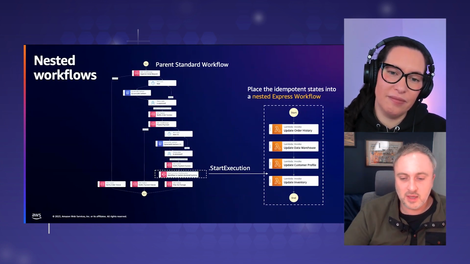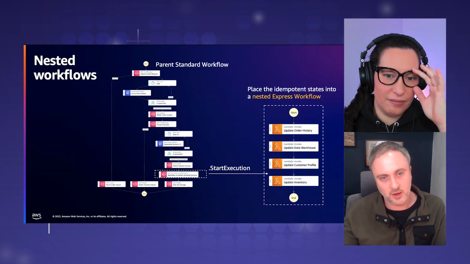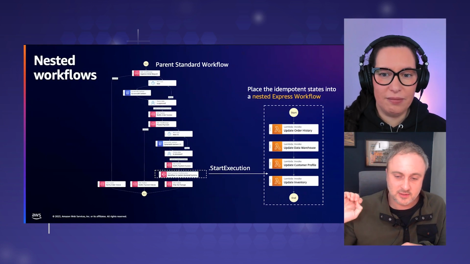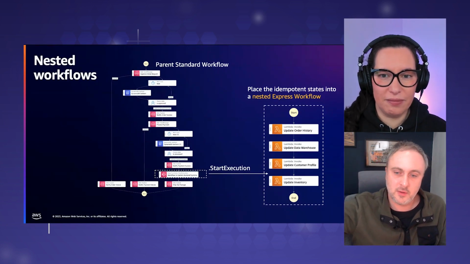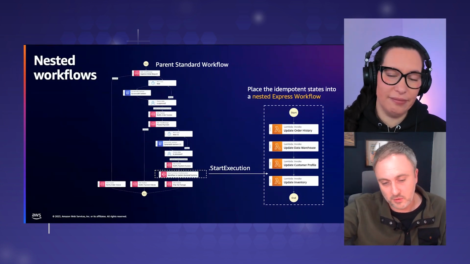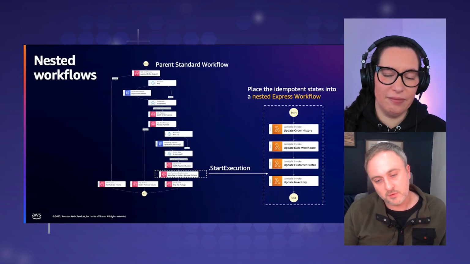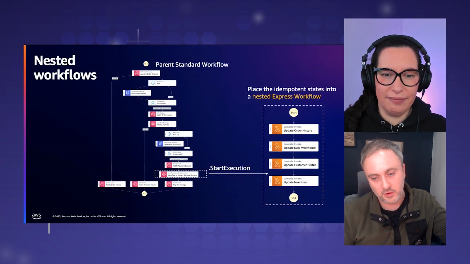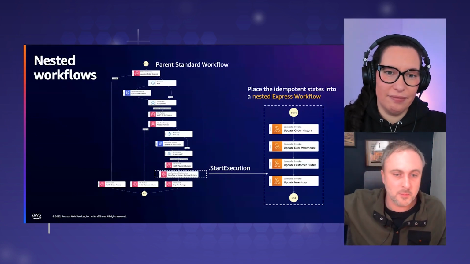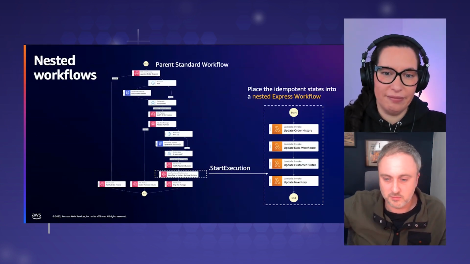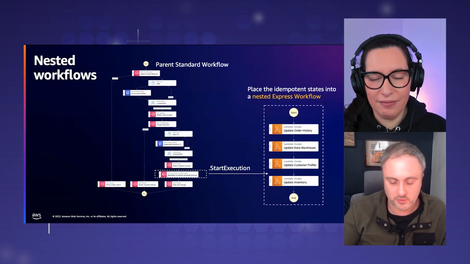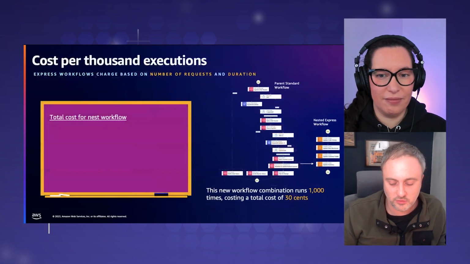The easy thing here would be to just strip out those idempotent Lambda functions that are just doing very simple things, save them as a separate express workflow, and then call them synchronously from my parent standard workflow. So the parent workflow can wait for them to complete. They'll complete very quickly because they're just some simple Lambda functions. But because that's running as an express workflow, we don't mind how many state transitions there are.